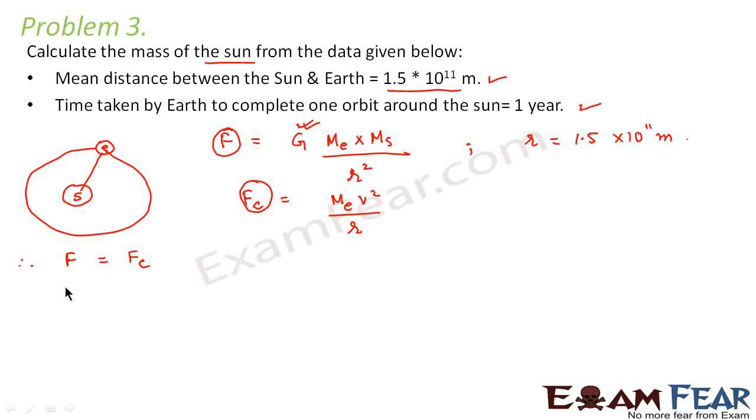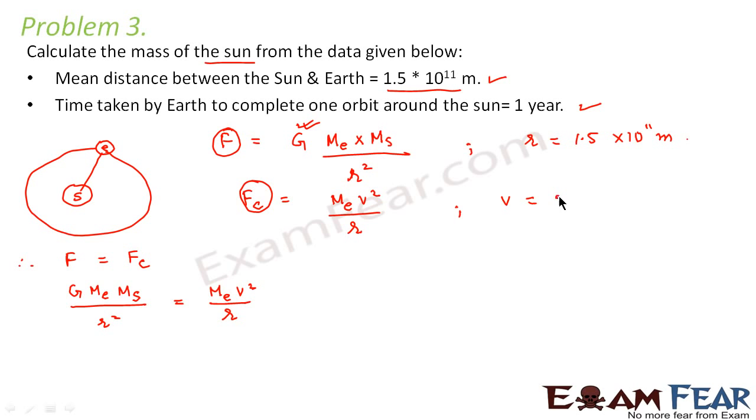Now what is F? F is equal to G into me ms divided by r square. This is equal to me v square by r. Now what is v? Let us try to calculate v. v is the velocity with which the earth is moving around the sun. Velocity is the distance travelled divided by the time taken.